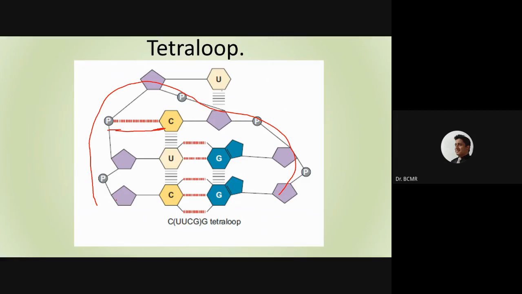There is an interaction between uracil and this ribose, and then you have the base pairings. I don't need you to mug up this, but you should understand that tetraloops are present and they have some biological significance in giving stability to the RNA molecule.